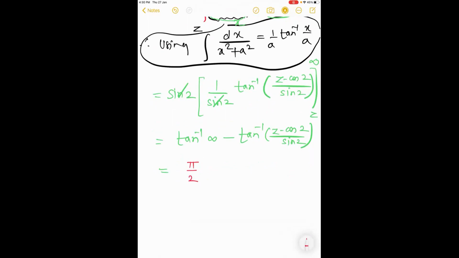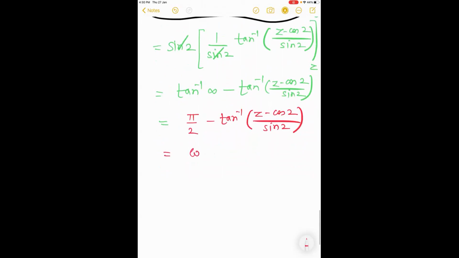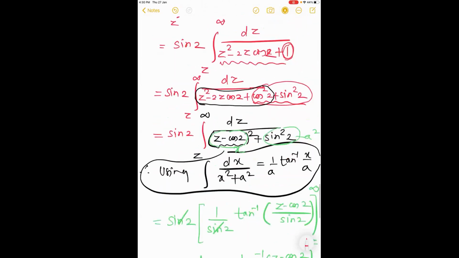That is for 90 degrees, so tan 90 is equal to infinity. That means tan inverse infinity is pi by 2, minus tan inverse of the second term as it is, z minus cos 2 upon sine 2. And that can be further written as cot inverse of z minus cos 2 upon sine 2. That's it.